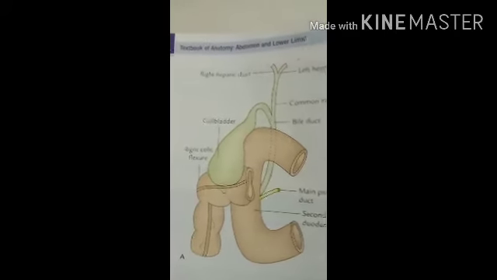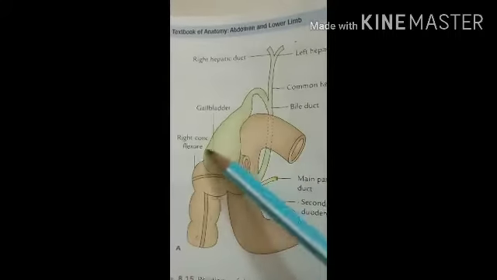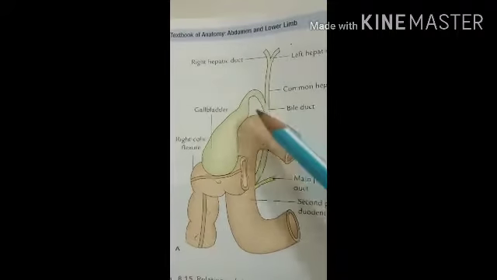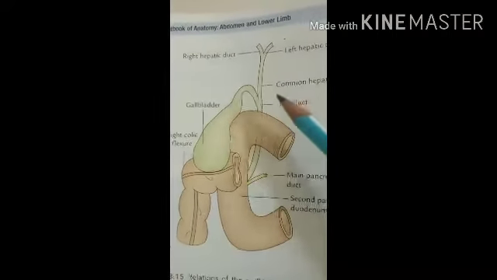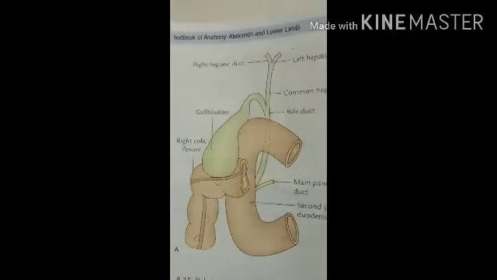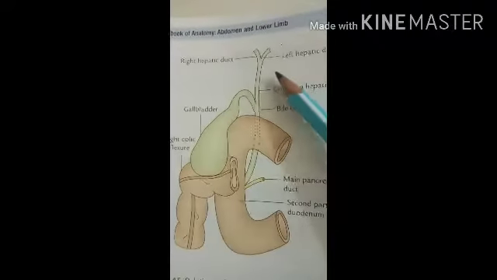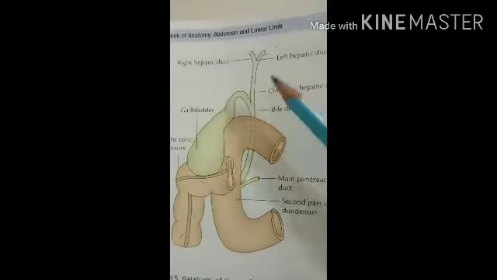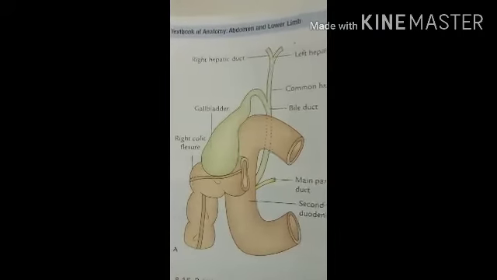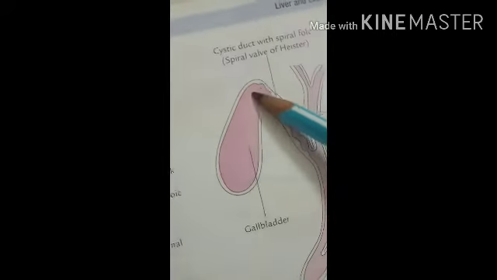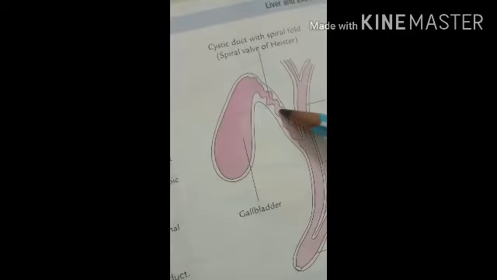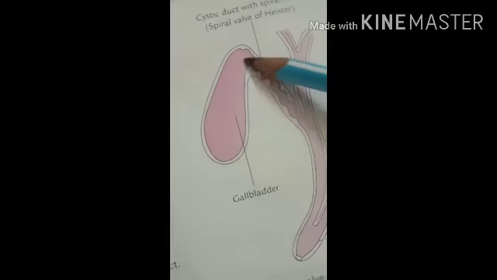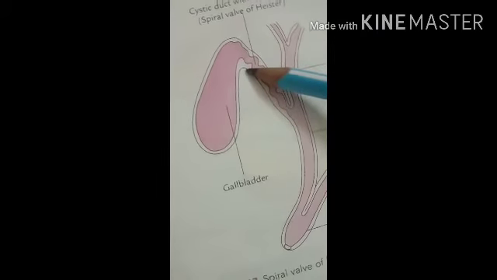Then the mucous membrane of the neck is folded spirally to present an obstruction to the inflow and outflow of the bile. Here in another diagram you can see the fold which is present spirally.